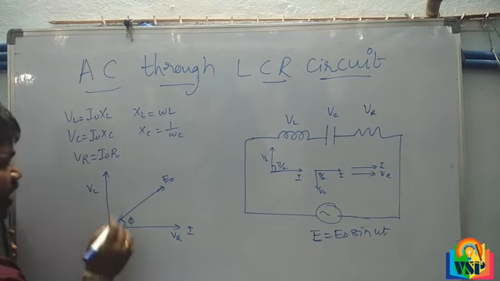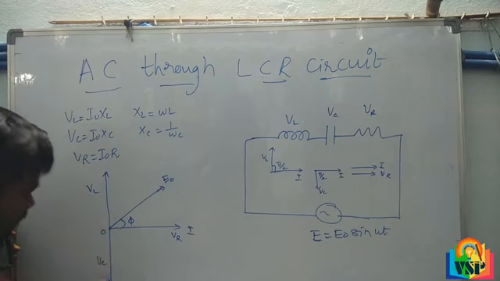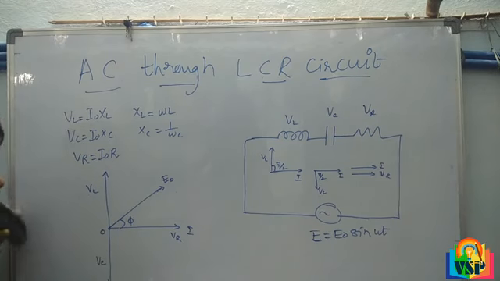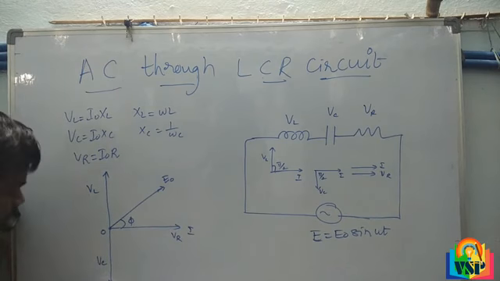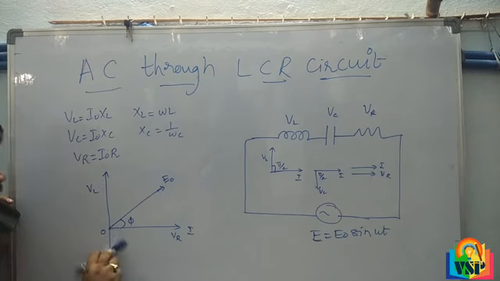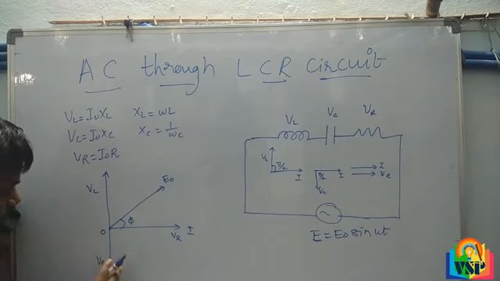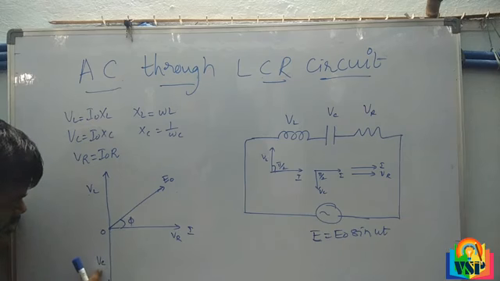Here we have three vectors: VL, VC, VR. With three vectors it is impossible to get a resultant. So we rotate the VC vector by 180 degrees, clockwise or anti-clockwise, to get the minus VC vector.